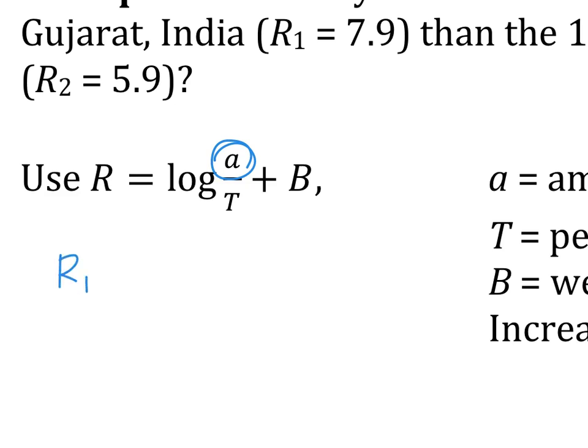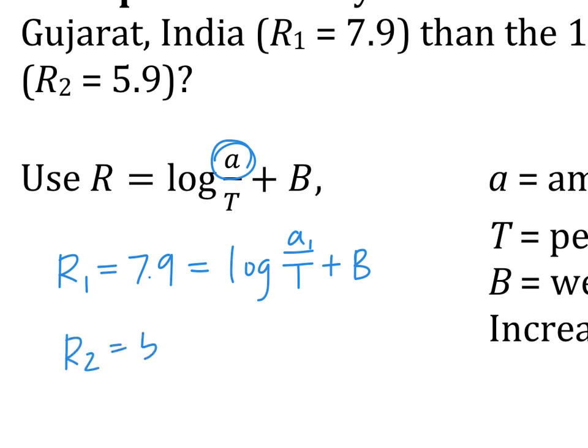So let's say R1, which is 7.9, is log A over T plus B. We're going to say that T and B are both constants. It doesn't really matter, it's the same for every earthquake. So the only thing that's changing is A. So this is going to be A1, since that's the only one that's changing.